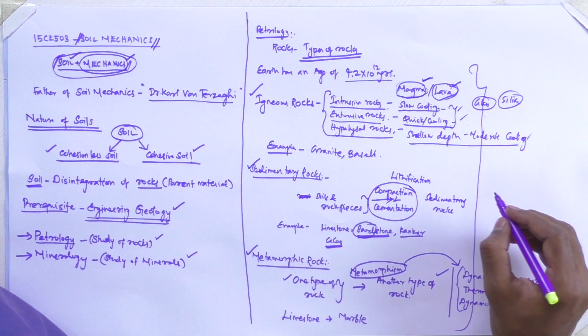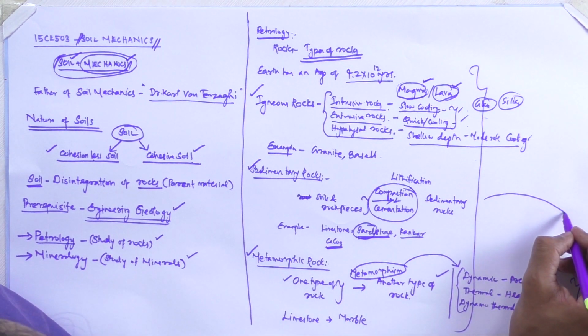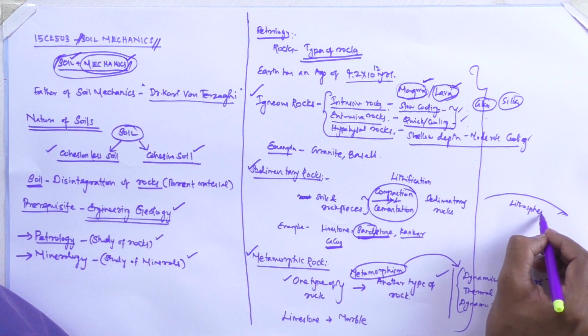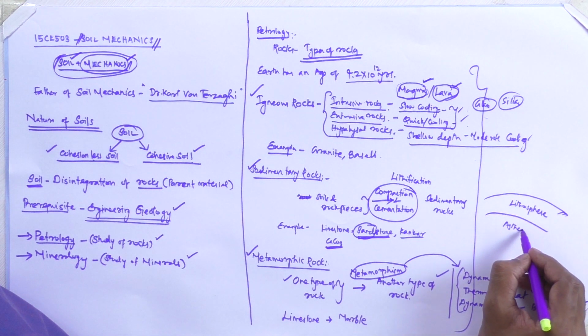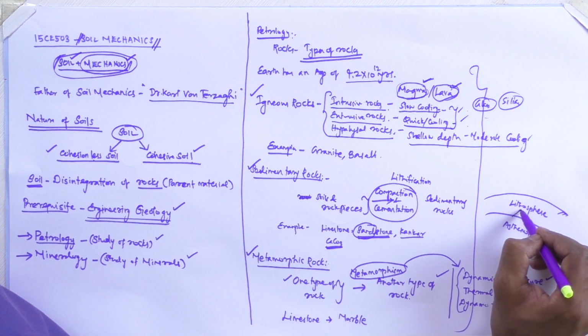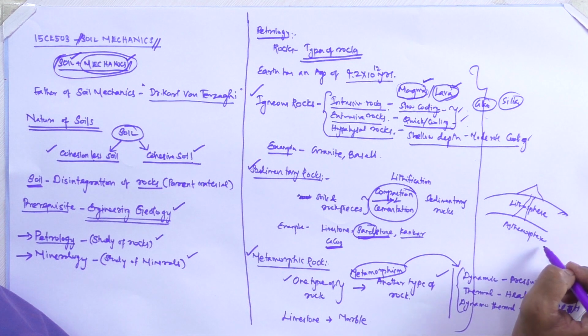As for example, we have the earth surface. Lithosphere is present from the surface. At a shallow level, we will get the asthenosphere. All the volcanic eruptions are triggered from the asthenosphere.